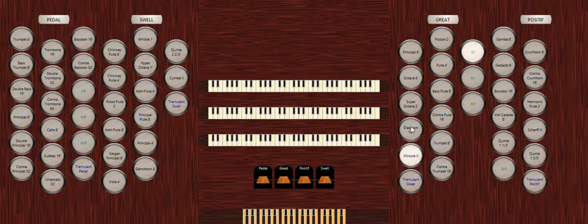And then here is our full principal chorus, but the difference between the Berea Church principal chorus of the 8-foot principal, 4-foot octave, 2-foot octave, and then 5-rank mixture, is that mine is the same, but mine has an added 16-foot diapason for an even deeper, richer sound.